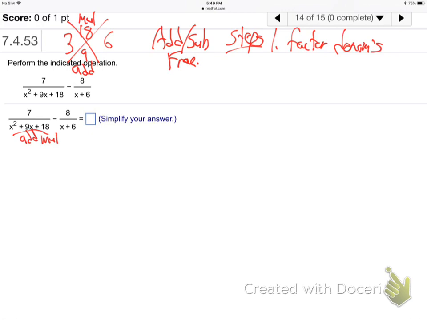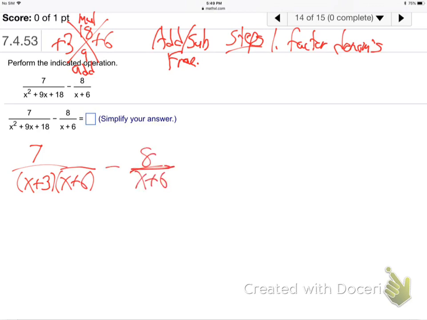That would be 3 times 6, both positive. Multiply to be 18, add to be 9. So then we can factor that as 7 over x plus 3, x plus 6, minus 8 over x plus 6. So that's step 1, factor denoms.